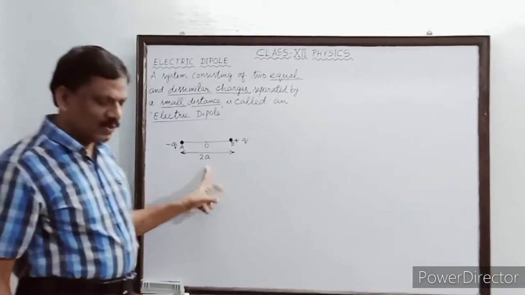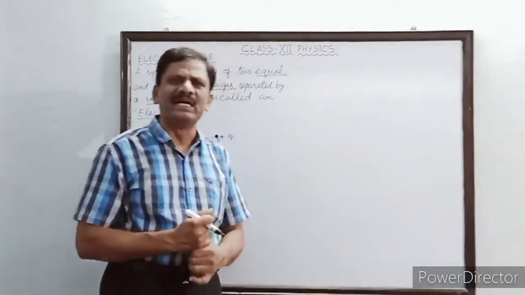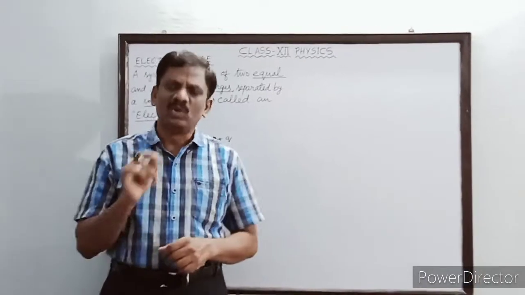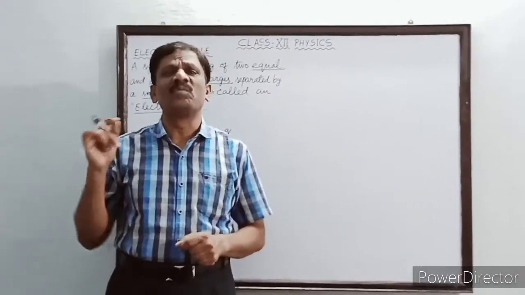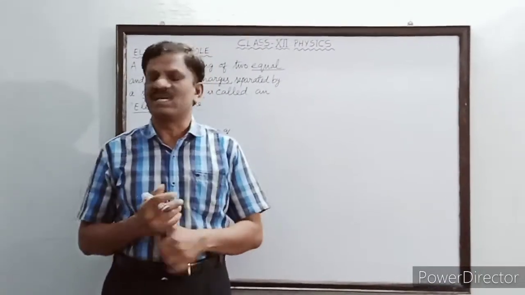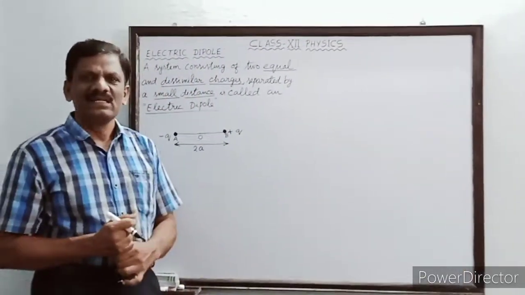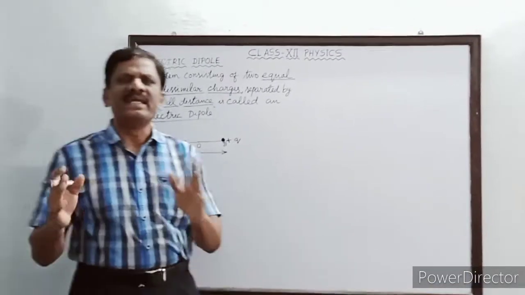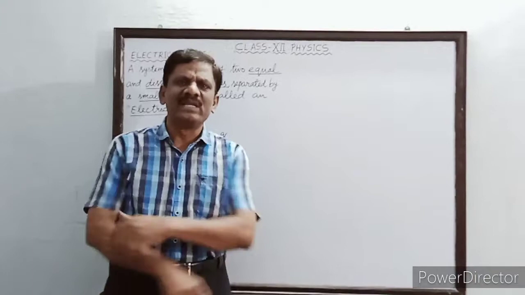So what is an electric dipole we have defined? It is a system consisting of two equal and opposite charges, or equal and dissimilar charges, separated by a small distance.